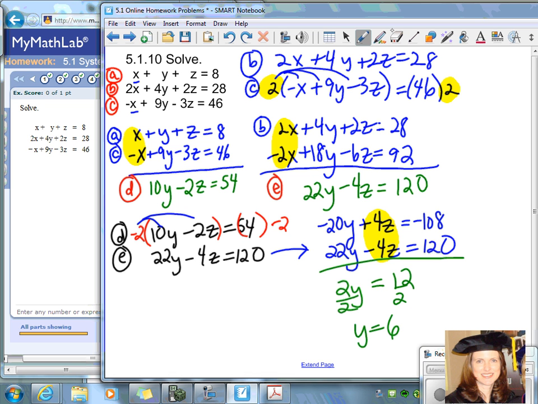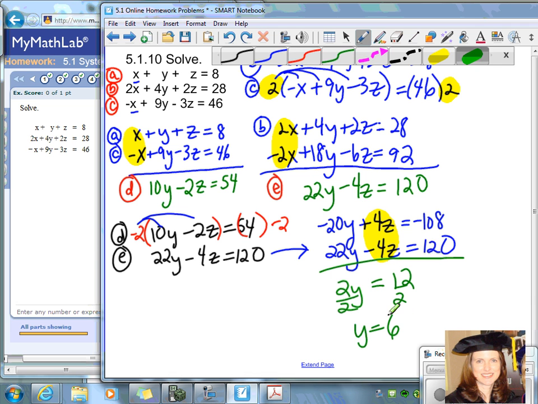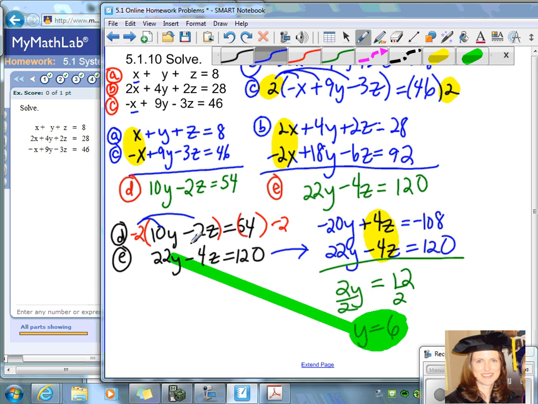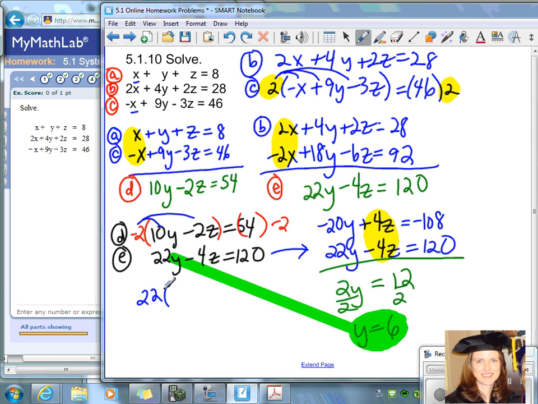You're going to take y equals 6 and plug that into either equation D or equation E. If I plug it into equation E, I get 22 times 6 minus 4z equals 120. Let's simplify this. 22 times 6 is 132, minus 4z equals 120.